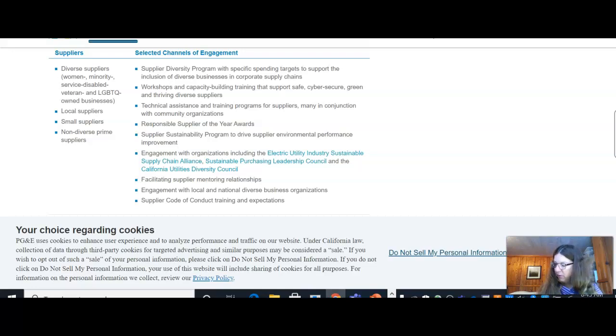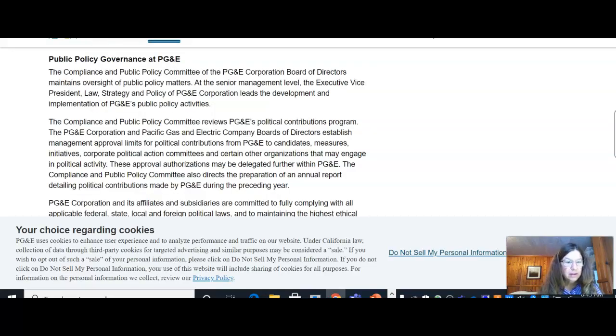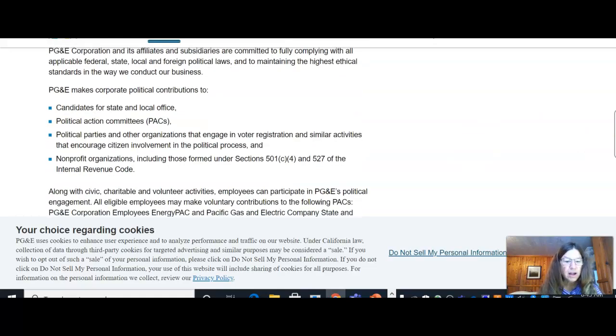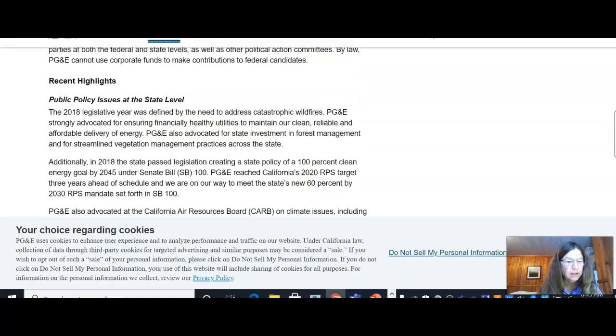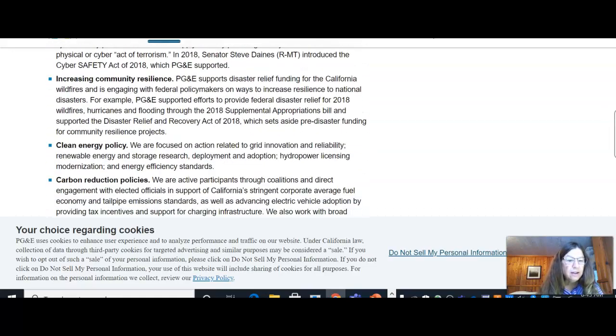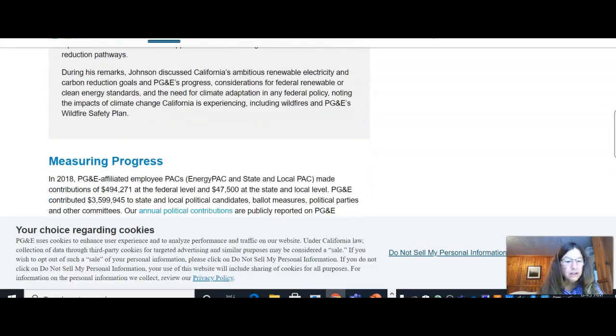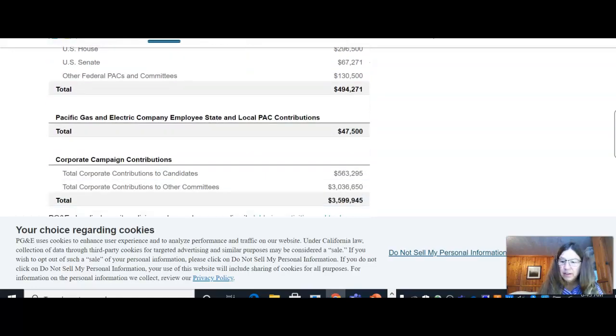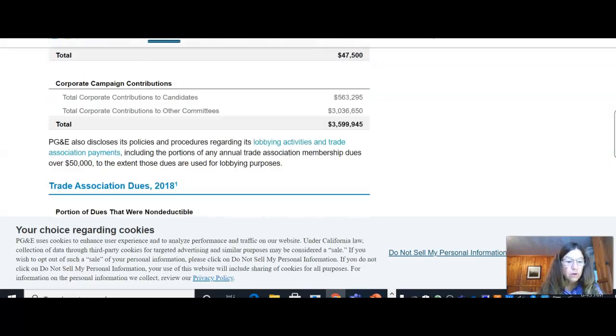So for this assignment, you need to look at direct lobbying techniques and indirect lobbying techniques. And so I found on one of the pages, when I typed in PG&E and lobbying, a variety of things that they were doing using just their own web pages.